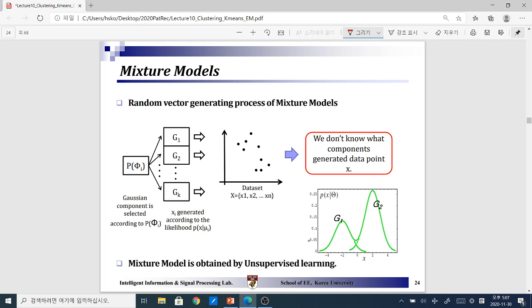Okay, so just to recap, we need to understand how the data set is being produced, once again, for the purpose of clustering.